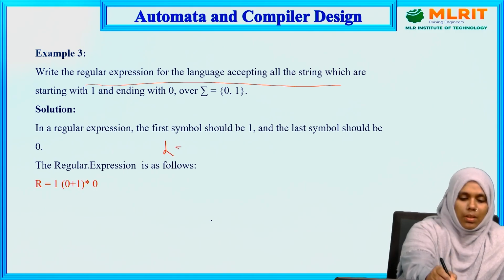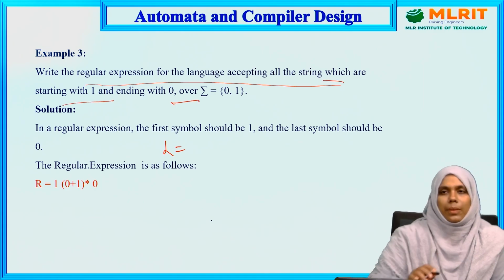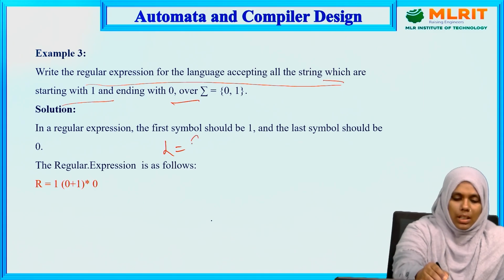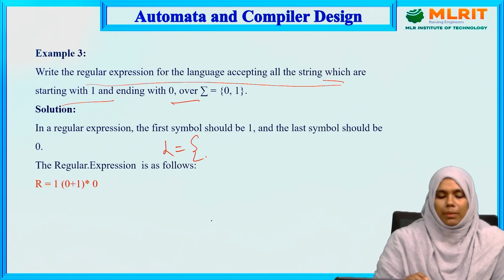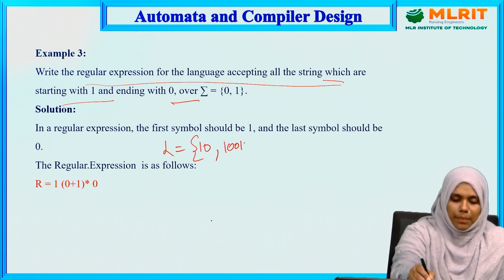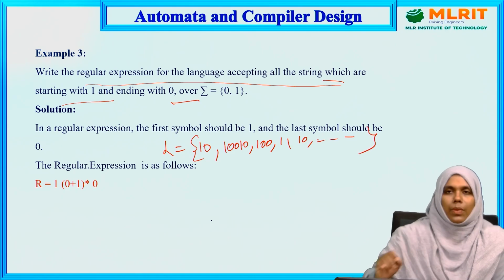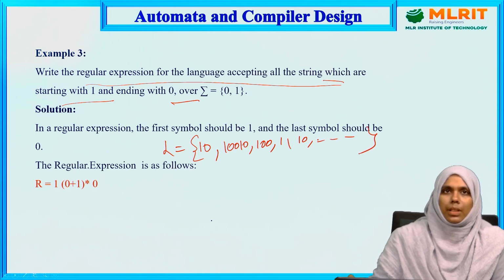Here the input symbols are 0 and 1, and the string should start with 1 and end with 0. It can be like this: 1 0 0 1 0, and so on. Anything that starts with 1 and ends with 0.